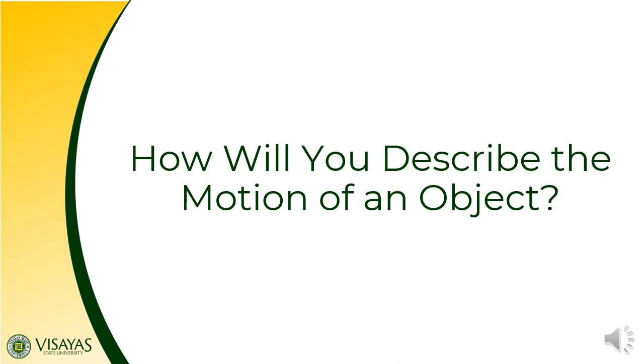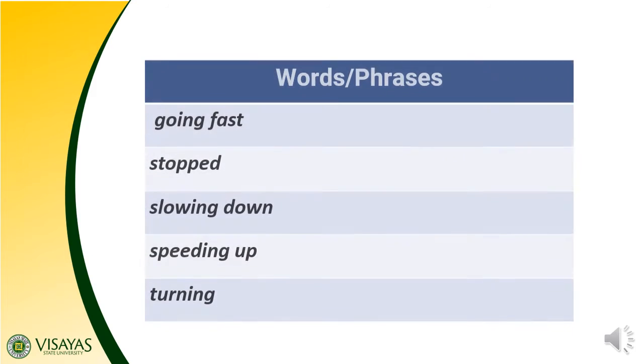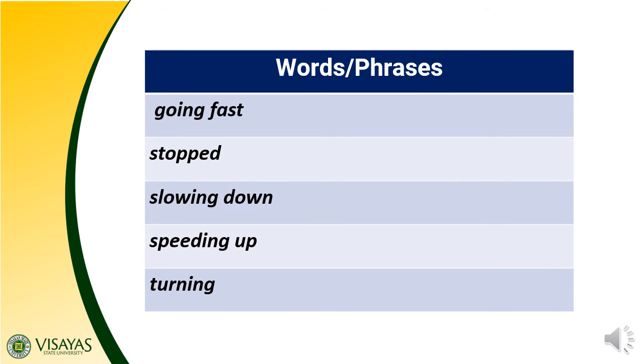Since kinematics has something to do with the description of motion of real-world objects, how will you describe the motion of an object? In describing the motion of an object, here are some words or phrases that are often used, just like going fast, stop, slowing down, speeding up, or turning.